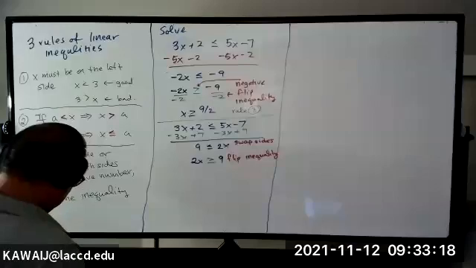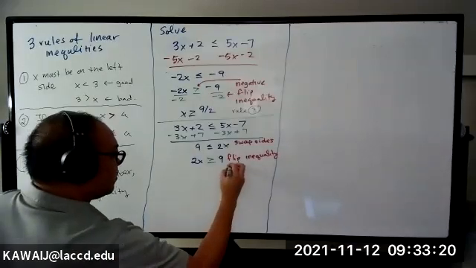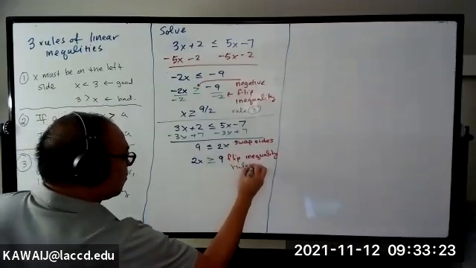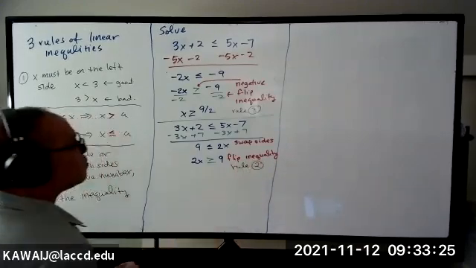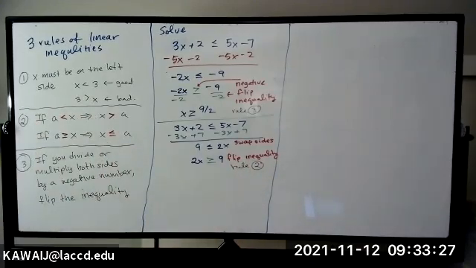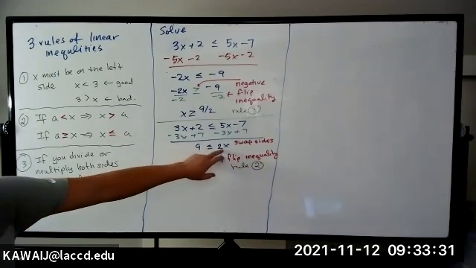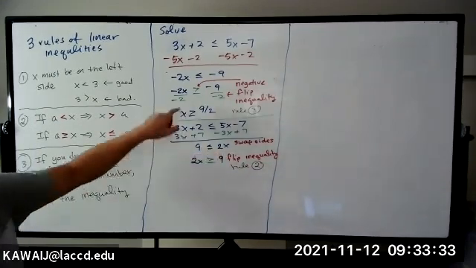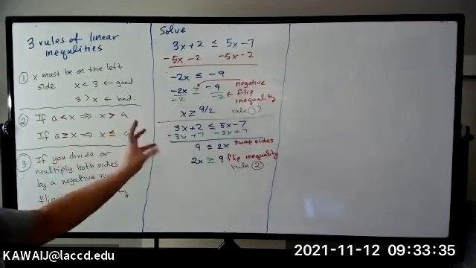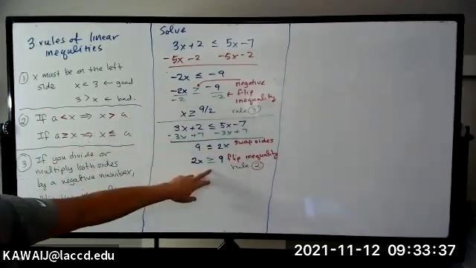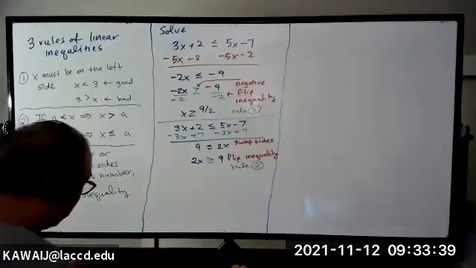And this is rule number 2. Okay, so I can either have this situation where the x is on the wrong side, or I can divide by -2. Either way, eventually this inequality is going to get flipped.